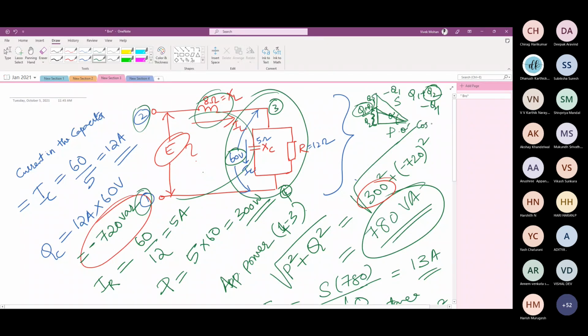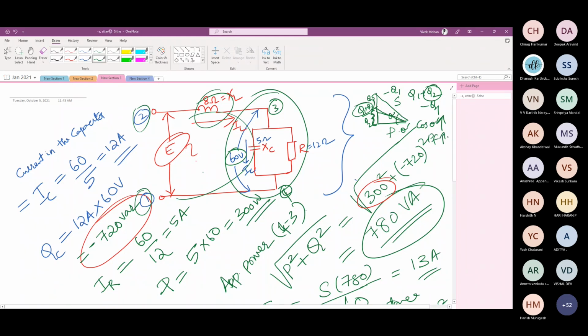Which means your cos theta dash is now increased or decreased? Increase. So the power factor is increased. So this is a kind of power factor improvement.